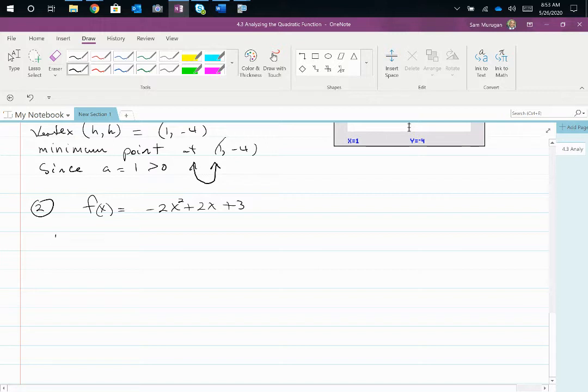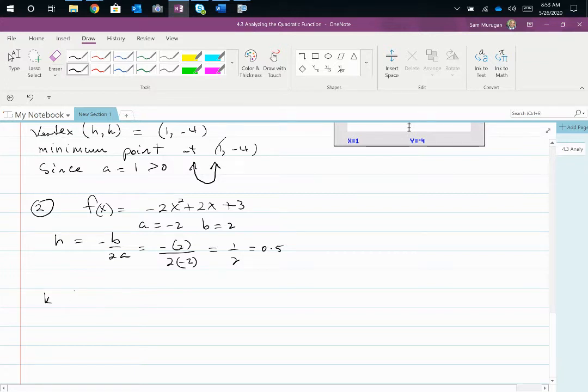So we're going to go through the same process, find h, which is minus b over 2a. We know that a is negative 2. We know that b is positive 2. Making our substitution here, we have negative 2 over 2 times negative 2, which is 1 over 2, or 0.5.